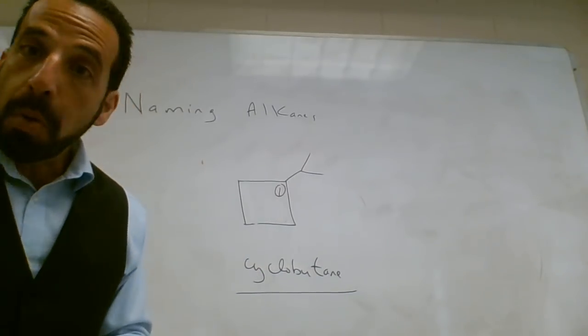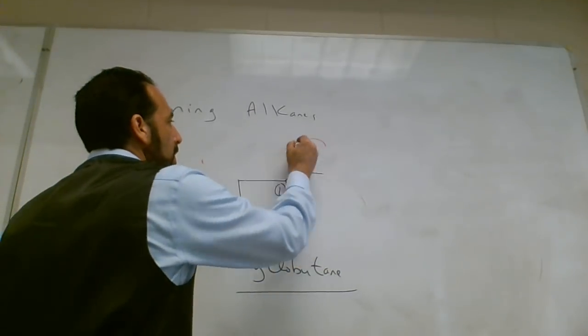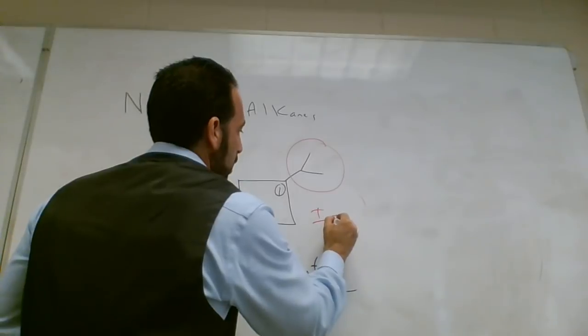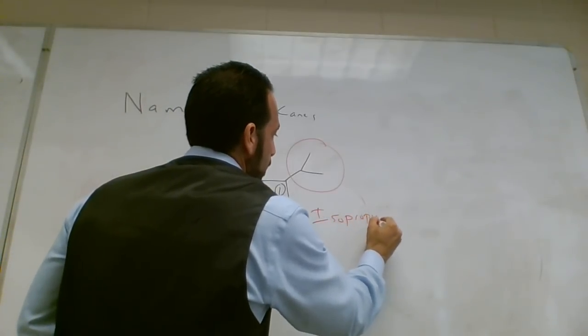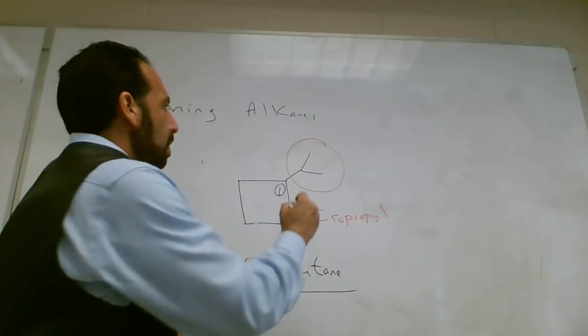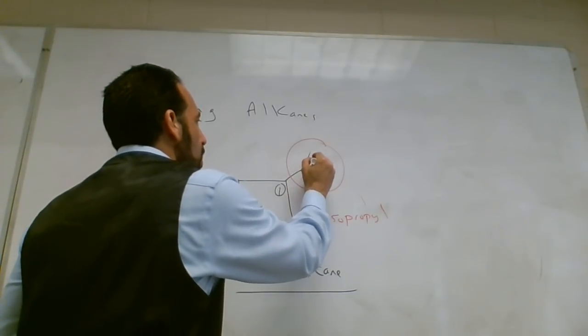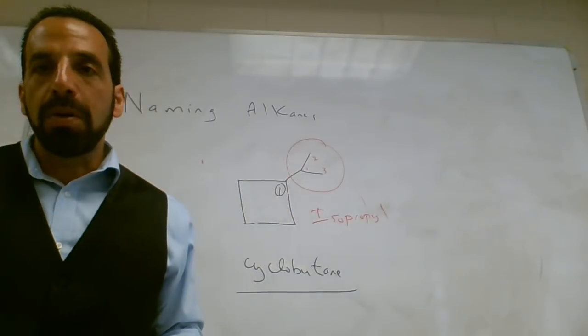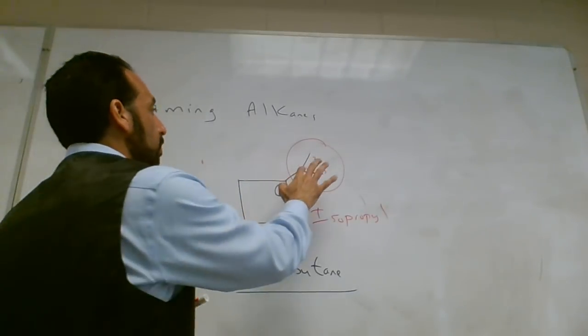This right here is an important group to recognize. That's the isopropyl group. Couple things. This is bonded directly to the ring. So this has 1, 2, 3 carbons on there. It's bonded through the middle carbon. And really, what I should do is number it like this.